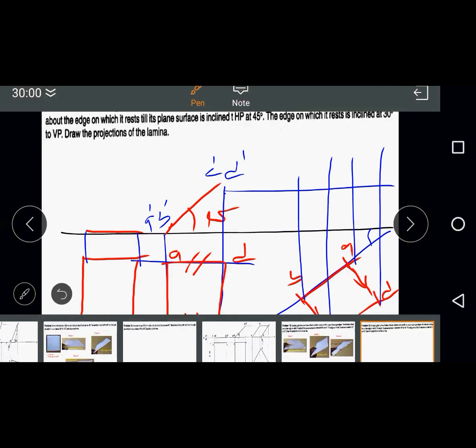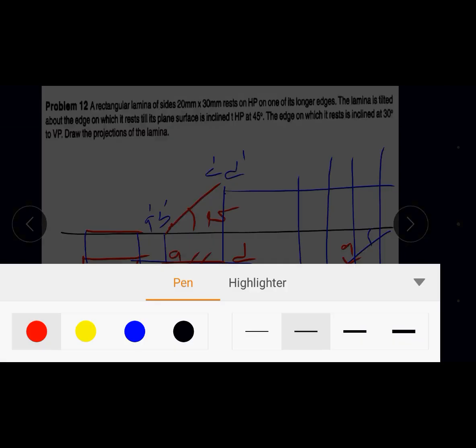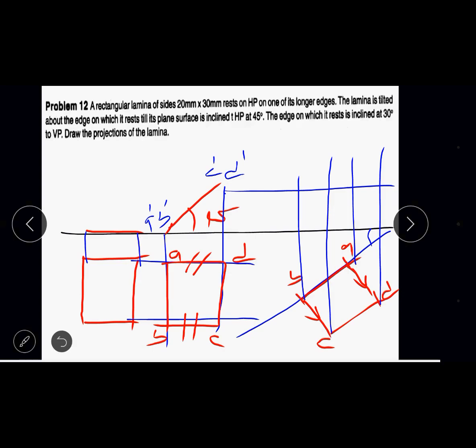Just study the locus points and get the irregular shape rectangle. It starts from A, here, AB.